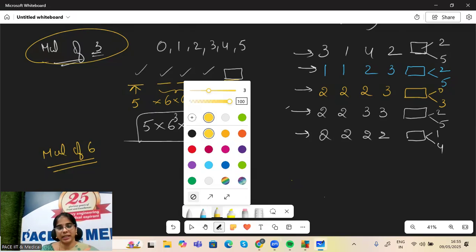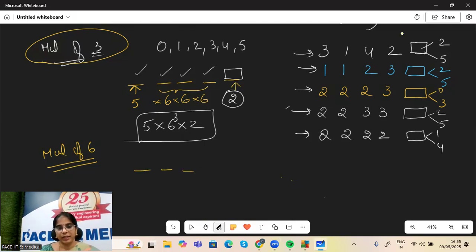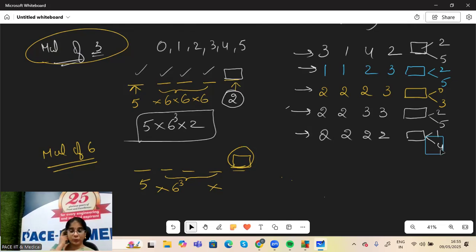So think in the same case, 1, 2, 3, 4, 5. As we have seen, the first is done in 5 ways and the rest 3 in 6 cube ways, into now this one place that should be even only. In the earlier case, in each and every possibility, you got one even, one odd: 0, 3, one even, one odd; 2, 5, one even, one odd; 1 and 4, one even and one odd.